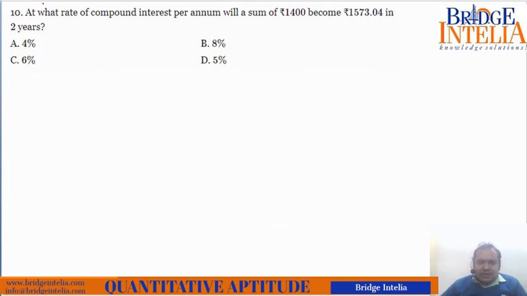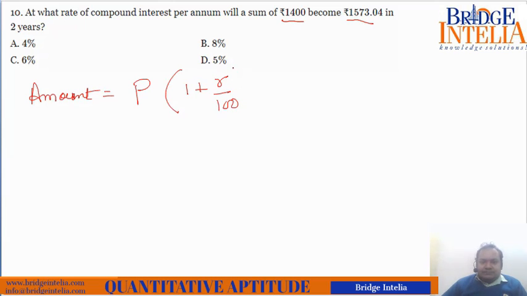Now let's see this one. At what rate of compound interest per annum will a sum of 1400 become this much in 2 years? So we know that the final amount is given by principal into 1 plus r by 100 to the power n, where n is the number of years.